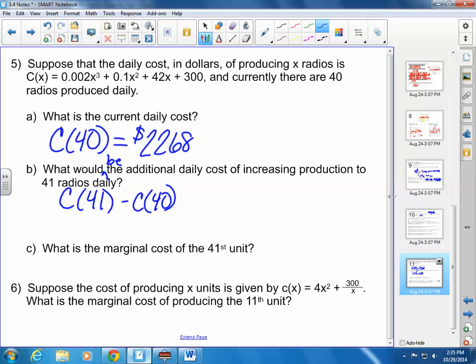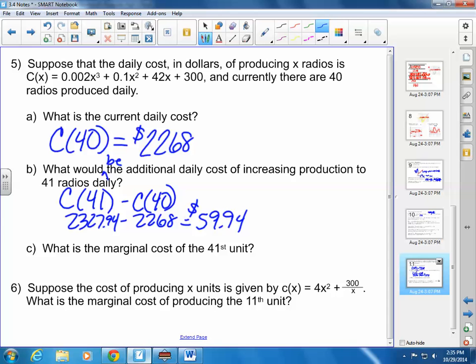So this would be your 2,268. What did you get for 41? $2,327.94. So what's that, like $59.94? So $59.94 would be the increase in the daily cost.